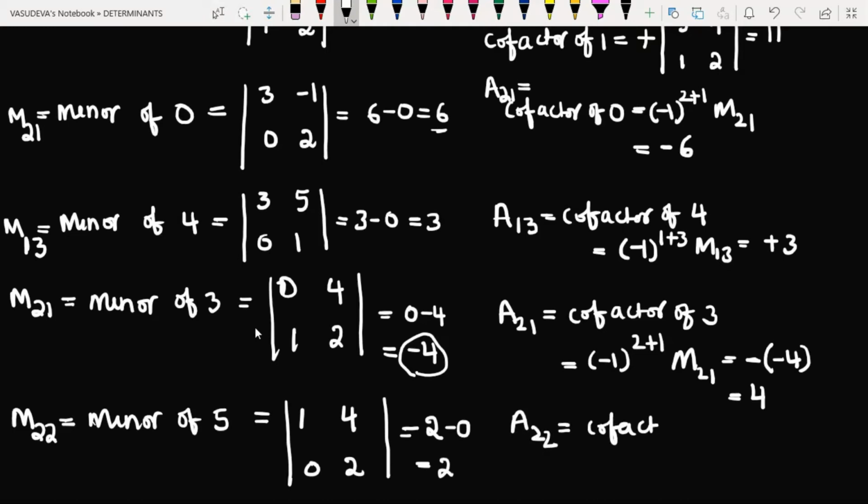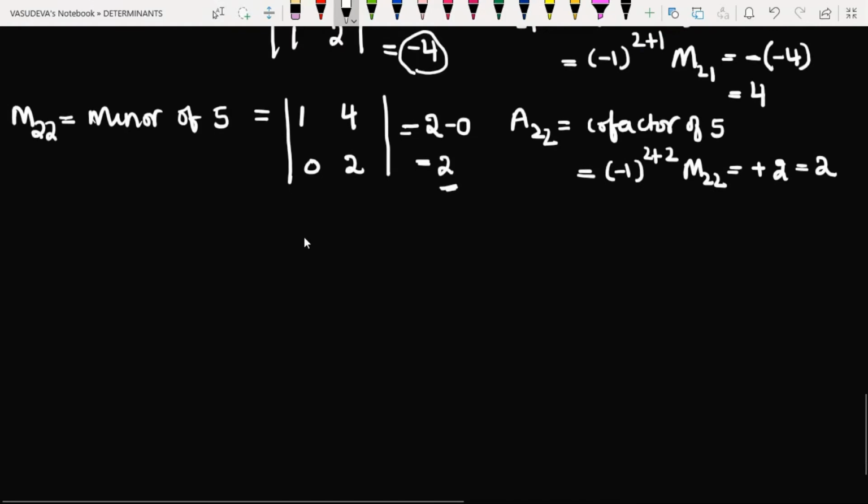Cofactor of 5 is equal to minus 1 to the power of 2 plus 2, which is an even number, into M22. That is plus, and M22 is 2 here. So it is 2 only.